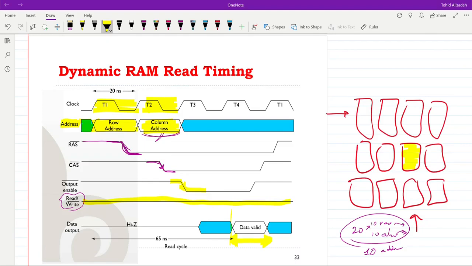And then once the reading of data is finished, output enable goes back to 1, CAS goes back to 1, and RAS, the row address strobe, goes back to 1, and afterwards we will be able to perform the next operation on the memory, either to read or to write.